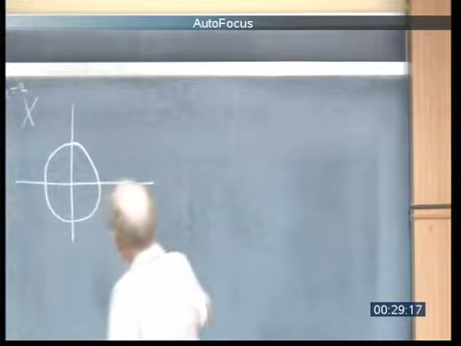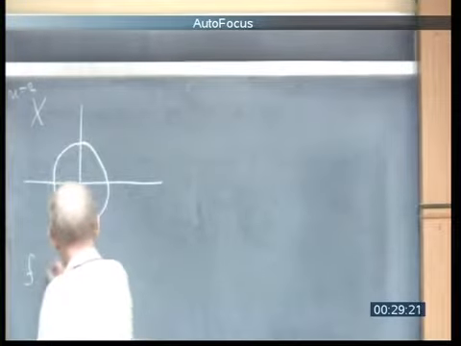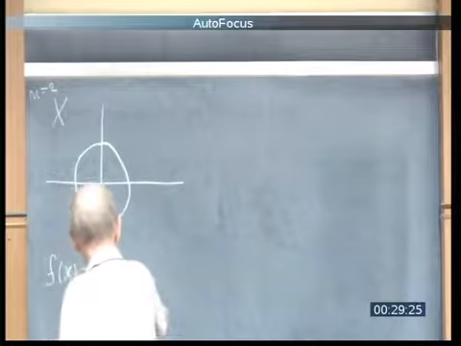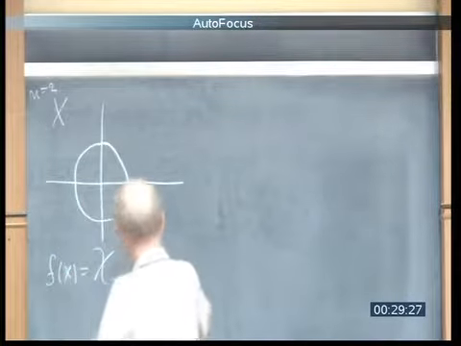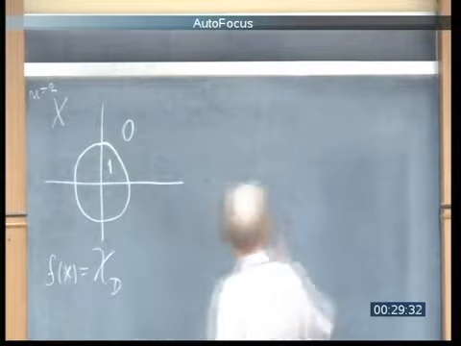So I decided to choose f as a characteristic function. This is the common notation for characteristic function. So it's 1 here, 0 here.